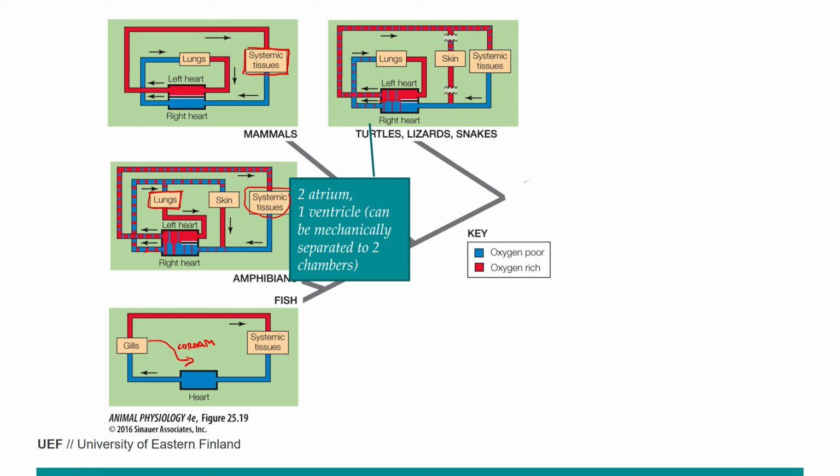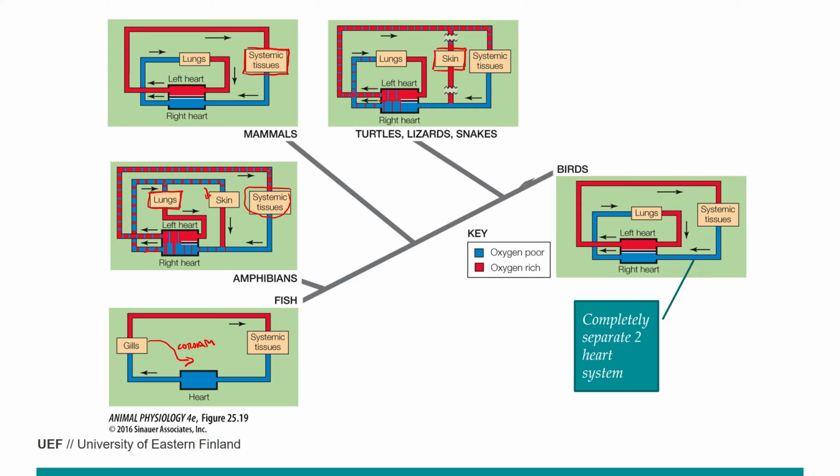Also, what you can see in the snakes and turtles and lizards is that the skin is getting the blood from the systemic tissues. In the amphibians, it might also be used to get oxygen from the surroundings, but actually it's more used for getting rid of the extra carbon dioxide that we are going to discuss next week.